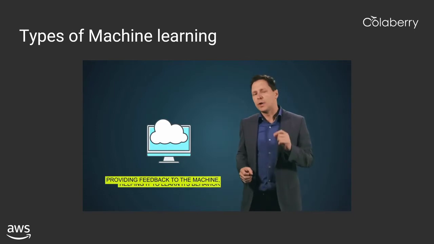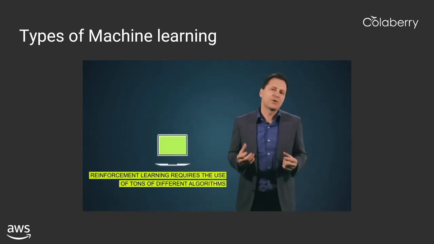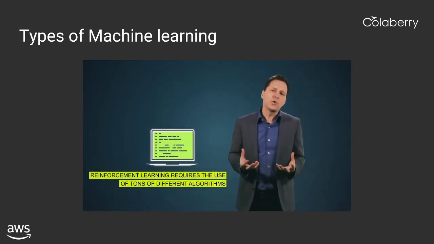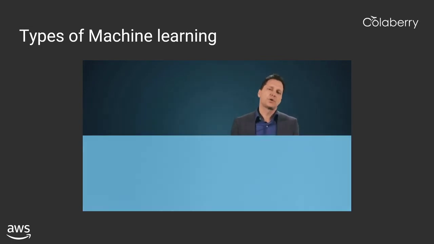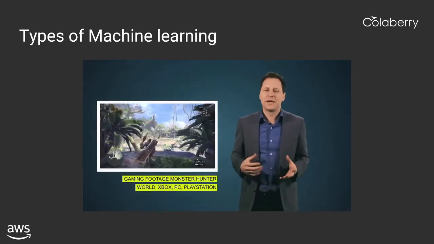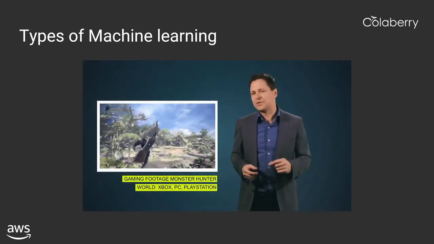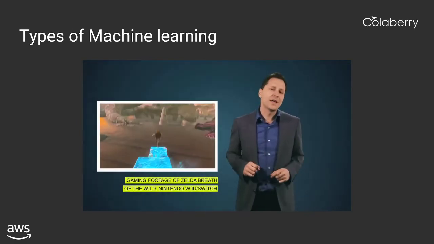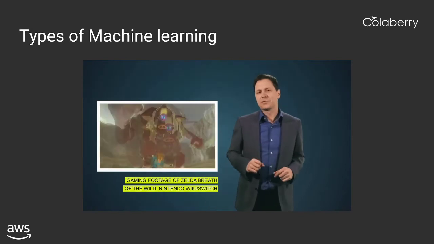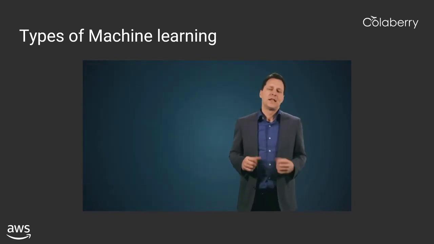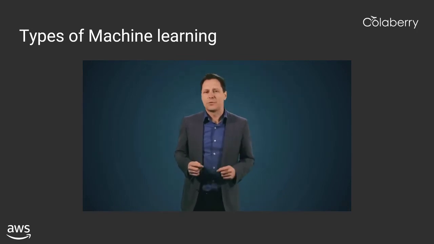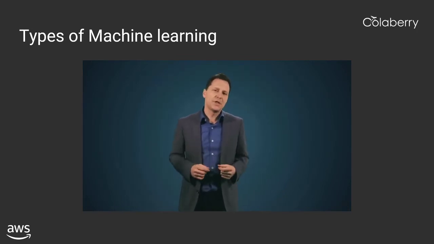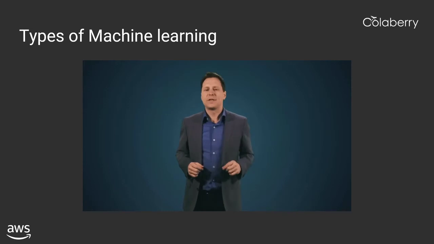Reinforcement learning requires the use of tons of different algorithms, giving control to the agent as they decide the best action based on the current results. When you are gaming on PC, Xbox, PlayStation or Nintendo, and you witness AI in gaming, this is because of reinforcement learning.